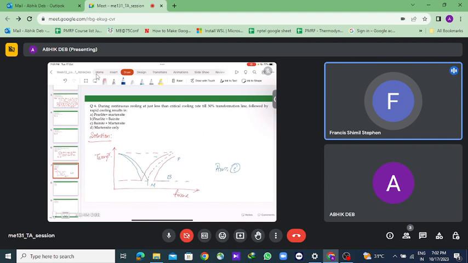Now, next question: to improve the surface hardness using induction hardening, a thin layer of steel is heated up to which of these? You know the surface hardness and induction hardening process.